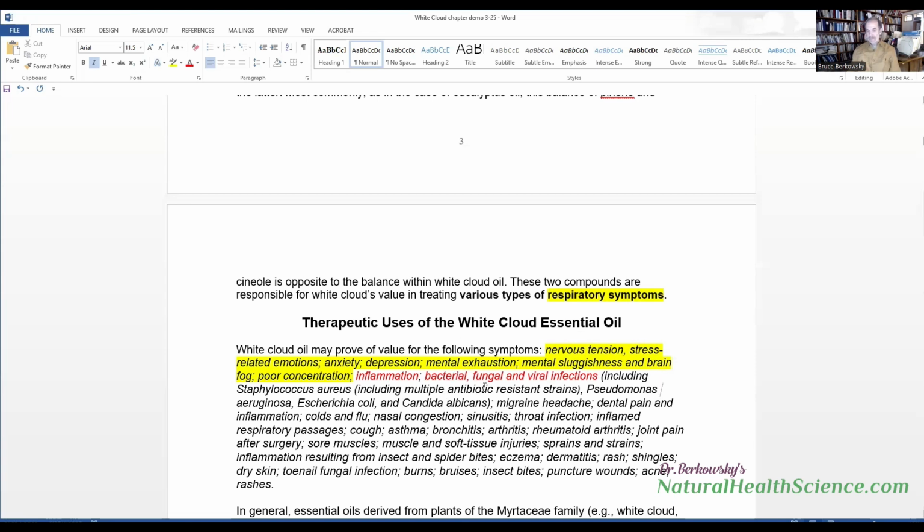Fungal infections, such as candida, and viral infections. Could it be useful in herpetic, like herpes zoster, shingles, or genital herpes? I don't know. It's not mentioned in the literature. It's something that you need to find out. But if it does have this general quality of across-the-board antimicrobial, it's worth experimenting with, at least as a support oil for those.